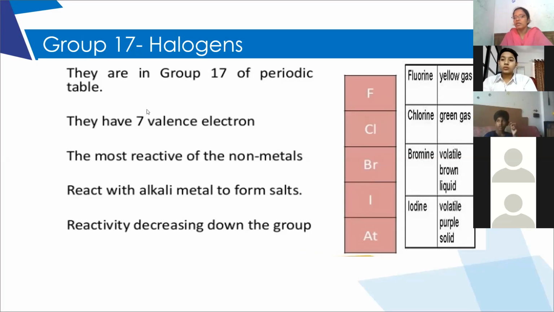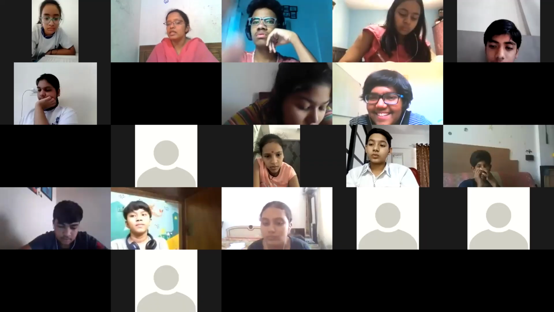Since they have 7 valence electrons, they require only 1 electron to complete their octet, so they always tend to accept 1 electron. The most reactive non-metals are halogens.